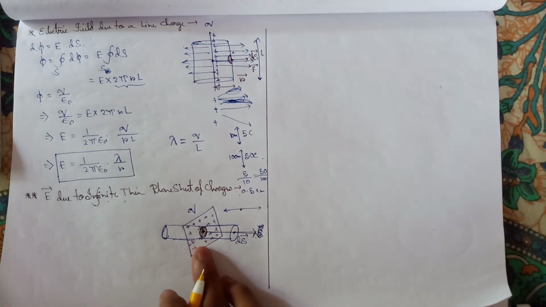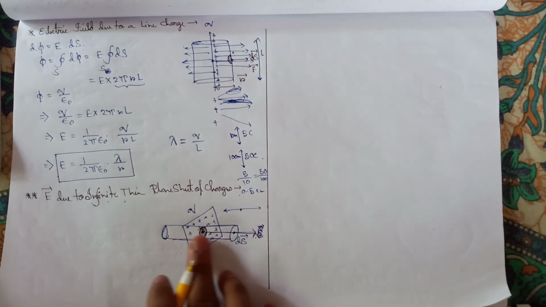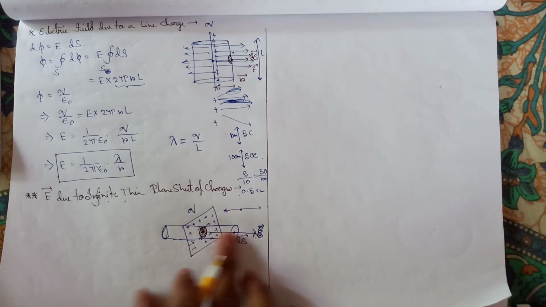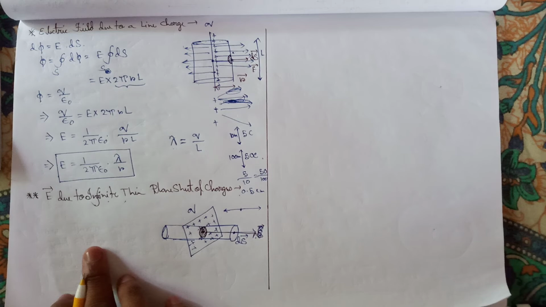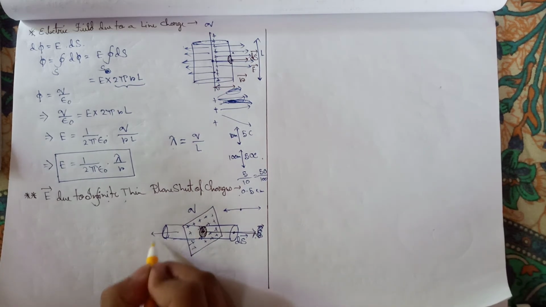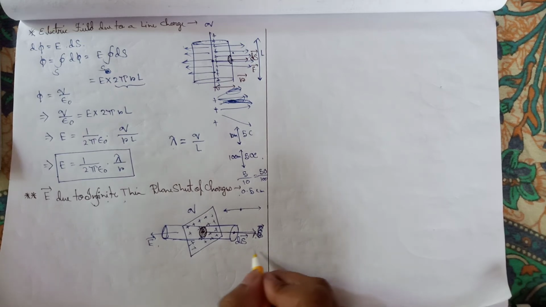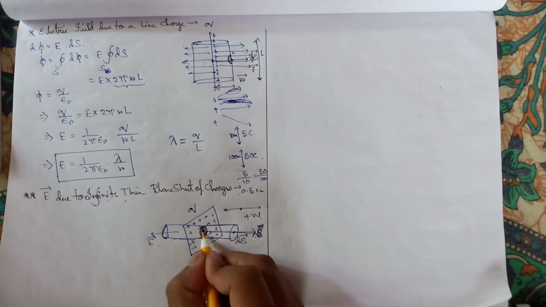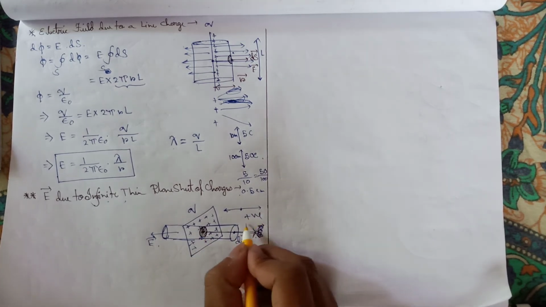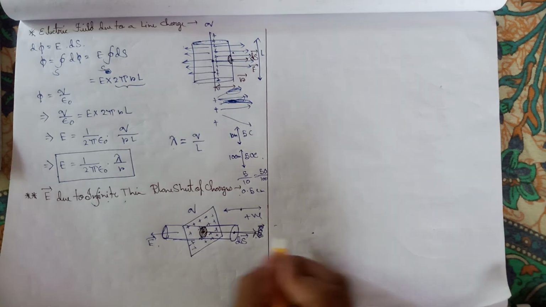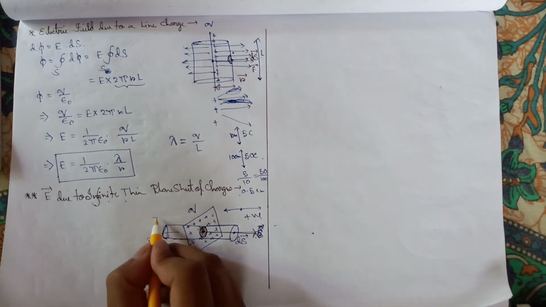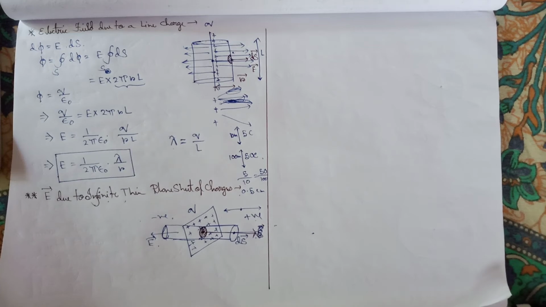So here we can say the electric field lines will go in the right direction as well as the left hand direction. So we can take the right hand direction as the positive direction. If we start from here, the electric field in that direction will be positive, and the reverse direction we can take as negative.